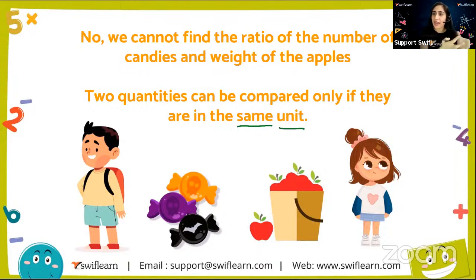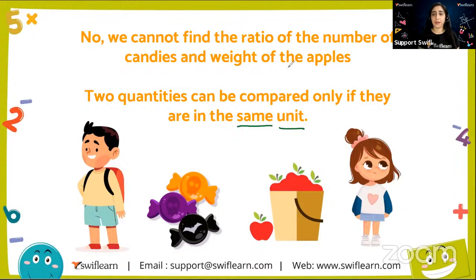No, because age is calculated in years, how old he is. Whereas knowledge, the education, the qualification is calculated on different terms. So there is no comparison between the qualification and the age. Now you're getting the point? So we have to only compare the same units.